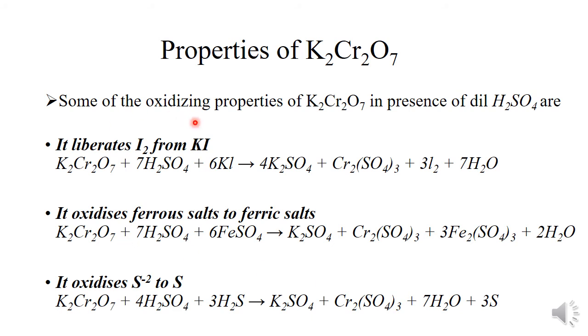So next are some of the oxidizing properties of potassium dichromate in presence of dilute sulfuric acid. The first is that it liberates iodine from potassium iodide.